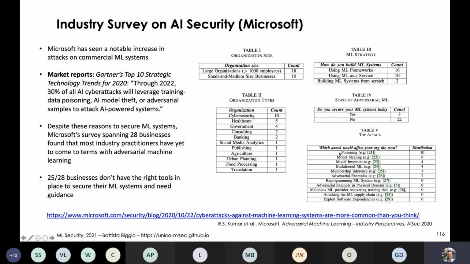The reason is that many companies are collecting datasets from not exactly reliable sources, or they are updating models over time using data that they collect from users, for example. And so the models might be subject to poisoning attacks. Model stealing is also a concern because when you build a model, you put a lot of intellectual property into it: your knowledge, your data.